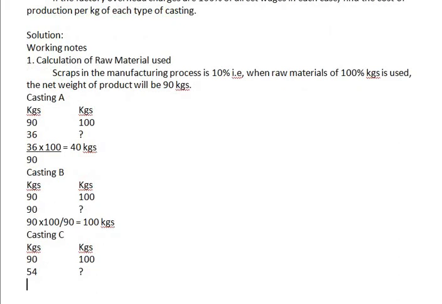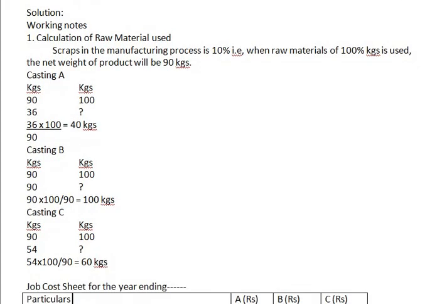So 54 into 100 divided by 90, which equals 60 kgs. Okay, so this is clear to you all. Now for calculation we need to take 40, 100 and 60 kgs.